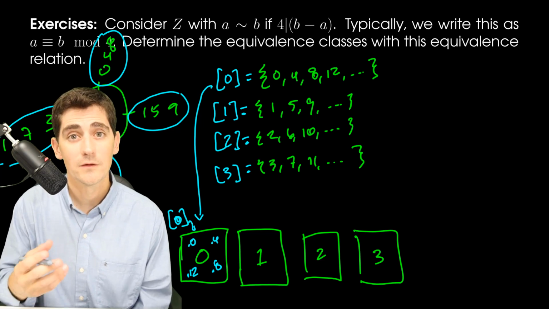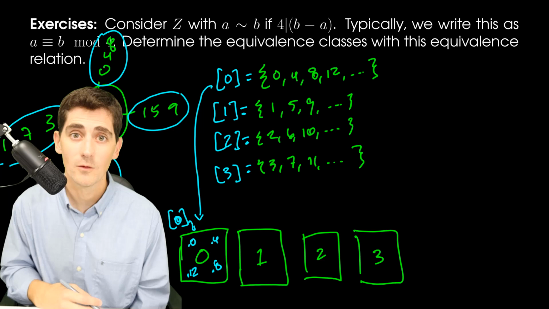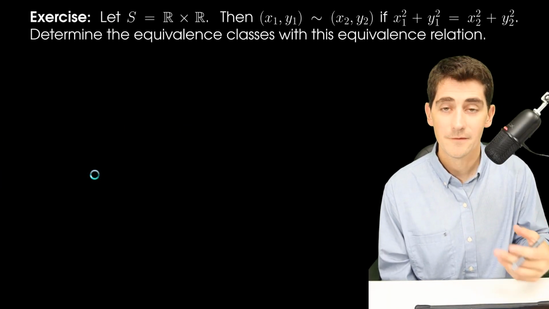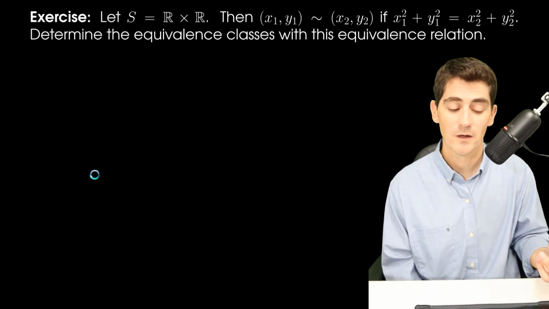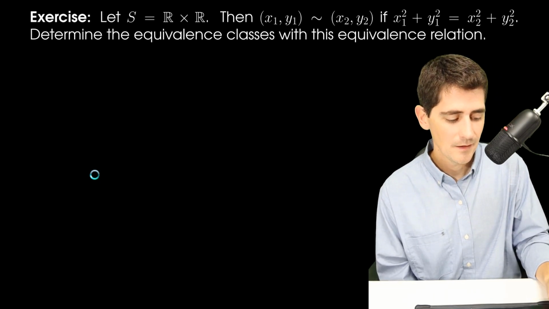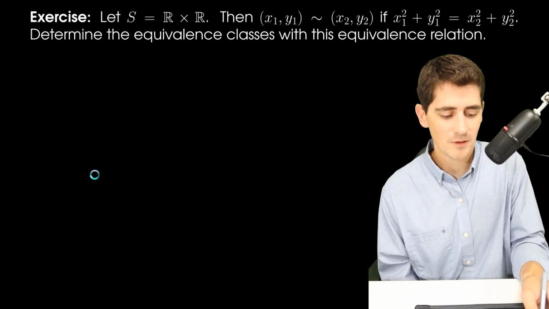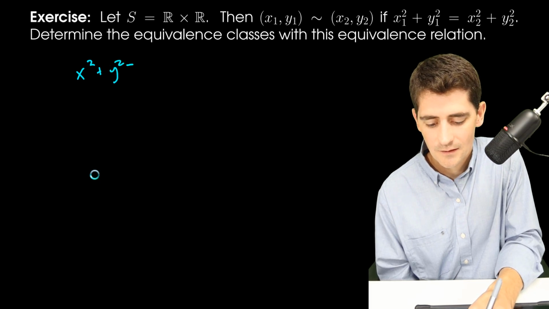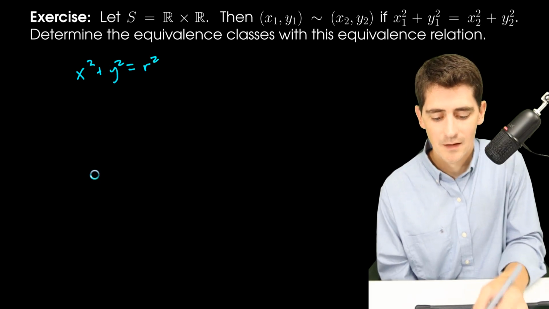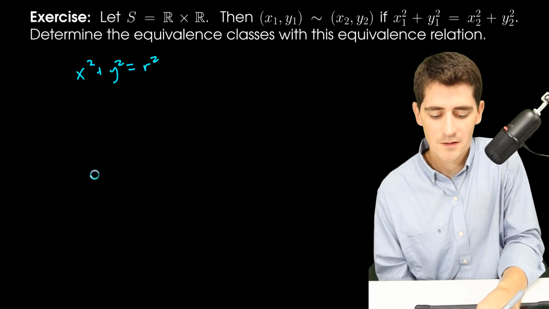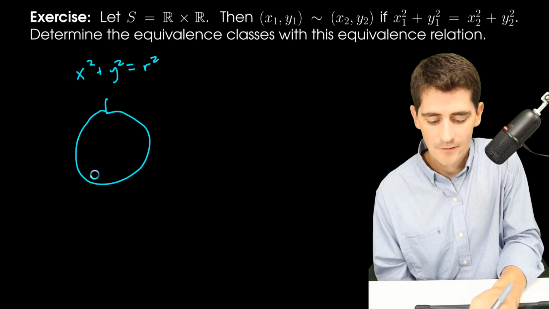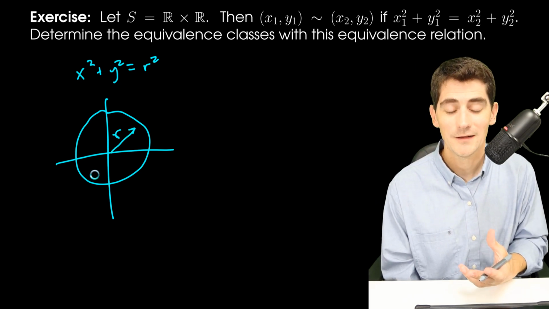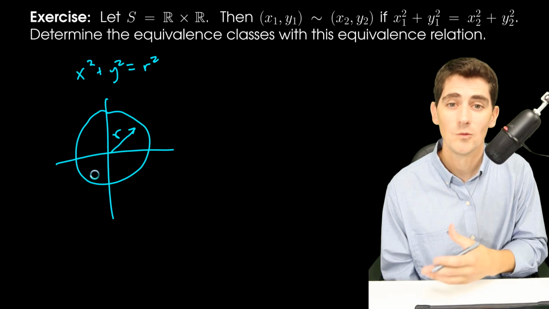So let's revisit some of the equivalence relations we looked at earlier and see if we can determine their equivalence classes. So here we talked about the ordered pairs congruent if x1 squared plus y1 squared equals x2 squared plus y2 squared. It's okay if you didn't recognize that formula, but I remember from algebra or geometry that x squared plus y squared equals r squared is the equation of a circle with radius r. So earlier when I asked what's equivalent to (1, 0)?